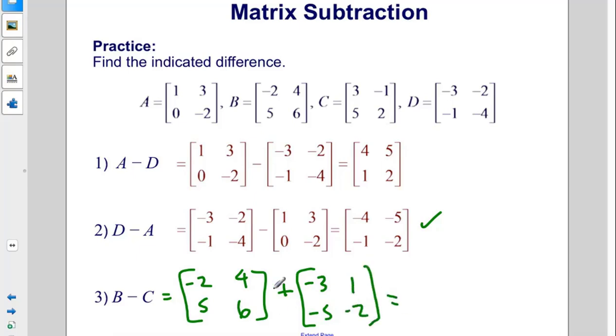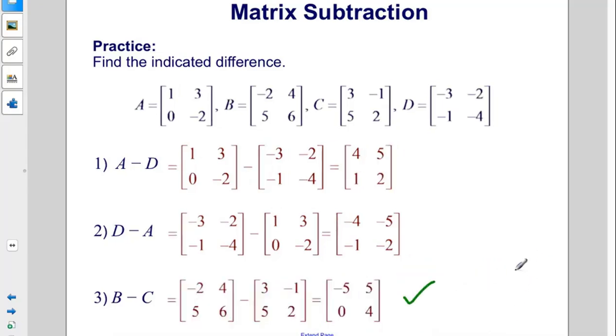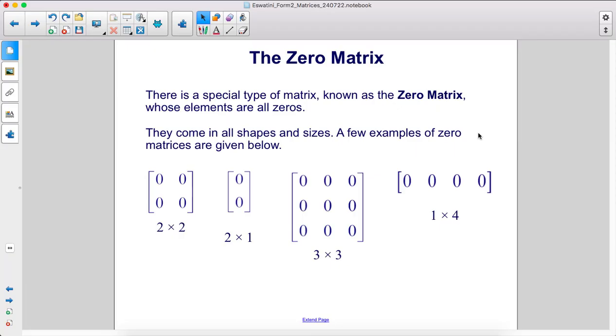Now we add them together. Negative 2 plus negative 3 is negative 5. 5 plus negative 5 is 0. 4 plus 1 is 5, and 6 plus negative 2 is 4. And there we go.